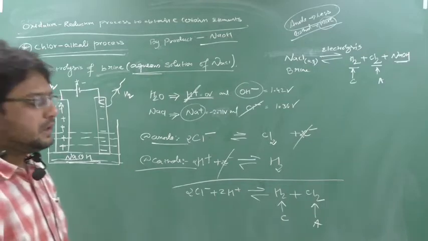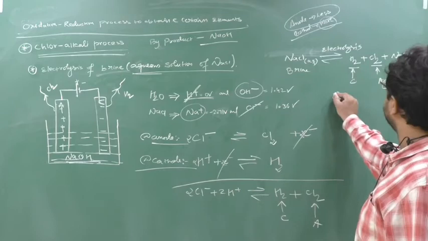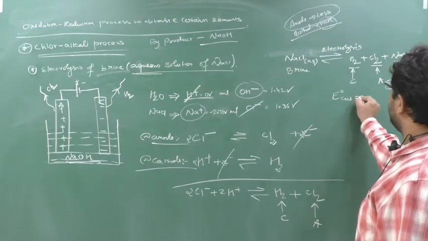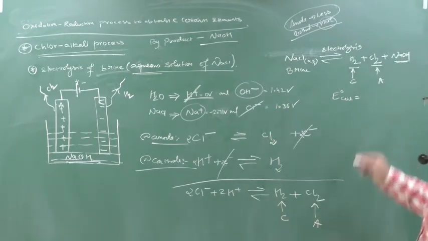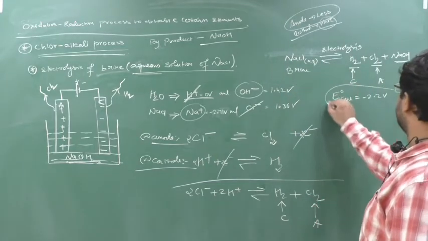If I visualize on the point of free energy, the E0 cell for this whole process practically was calculated to be minus 2.2 volt. How much? Minus 2.2 volt.